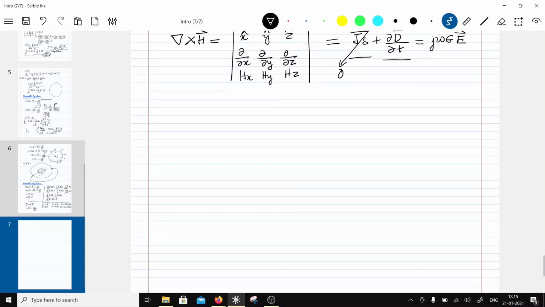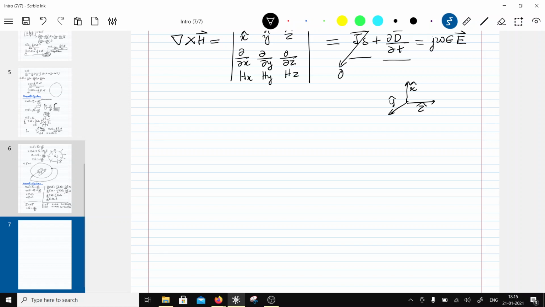Now if you consider any point, it has got, let's say, x, y, and z. So we can have Ex component along x, Ey component along y, Ez component along z. Similarly, we have Hx along x, Hy along y, and Hz along z.